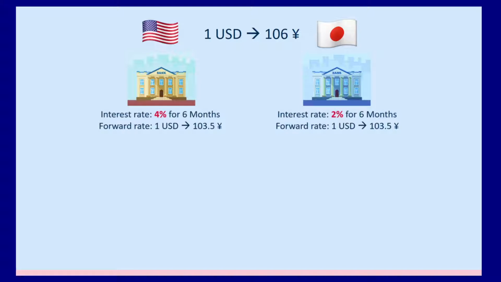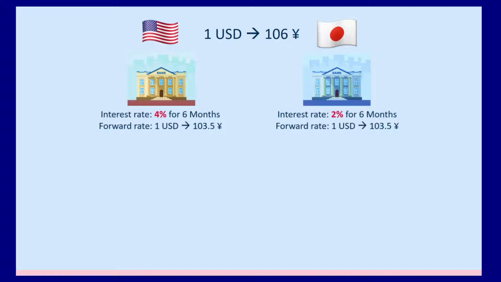And the banks tell you the forward rate, we just look at the forward market, is 103.5 Japanese yen per US dollar. So Japanese yen is expected to become a bit more expensive. Today you get 106 Japanese yen for 1 US dollar. In 6 months, you only get 103.5.